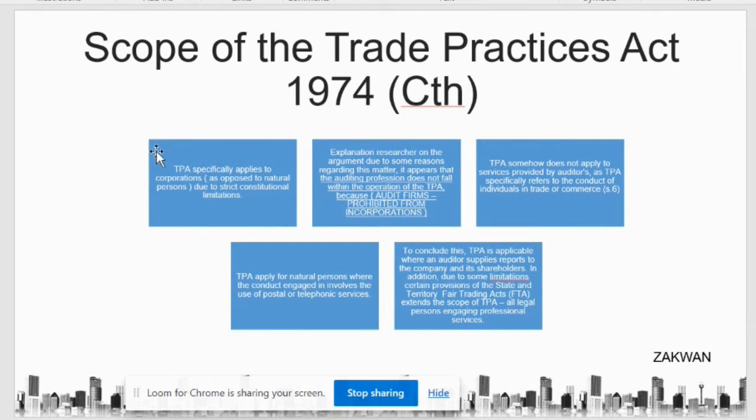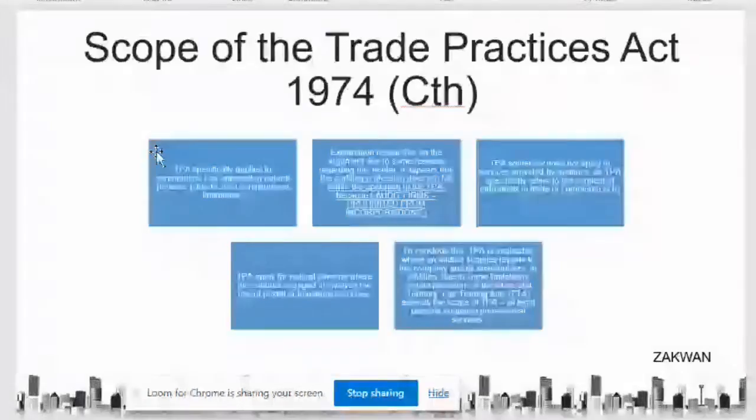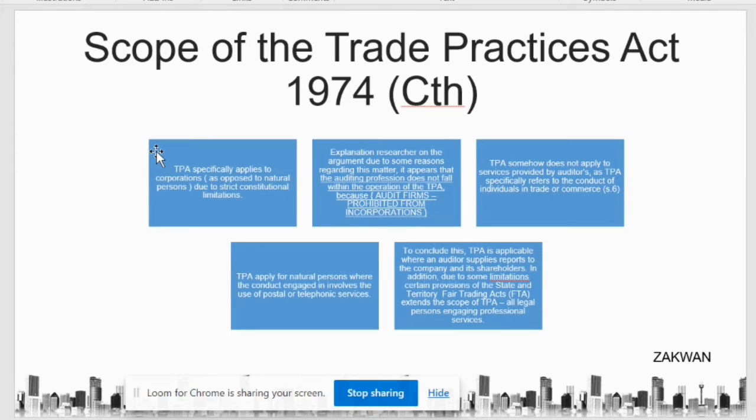Next, we will go down to the scope of the Trade Practices Act 1974. As we all know, TPA specifically applies to corporations. In other words, it is opposed to natural persons due to strict constitutional limitations. As we understand from the explanation by researchers, due to some reasons regarding this matter, it appears that the auditing profession does not fall within the operation of TPA because audit firms are prohibited from incorporation.